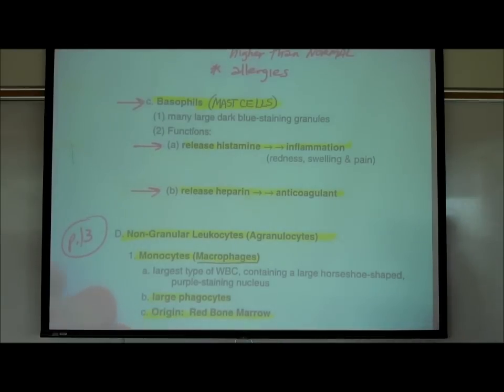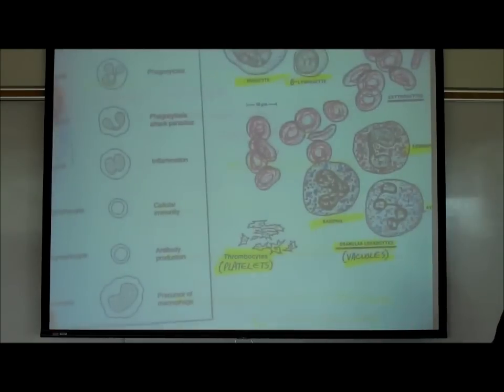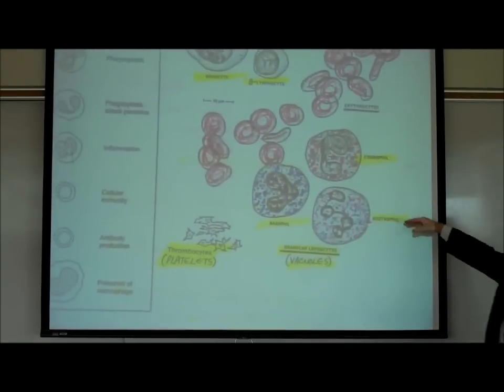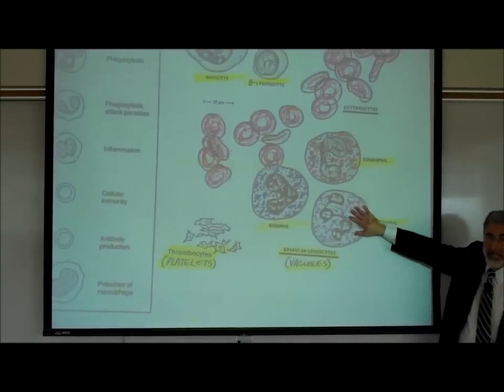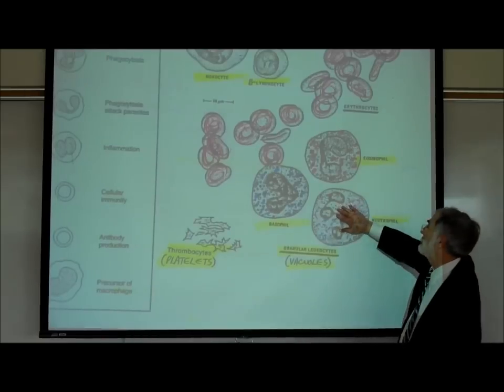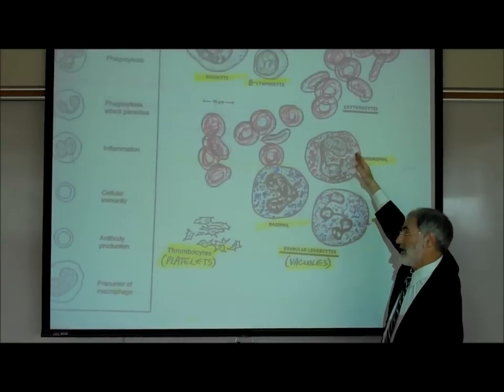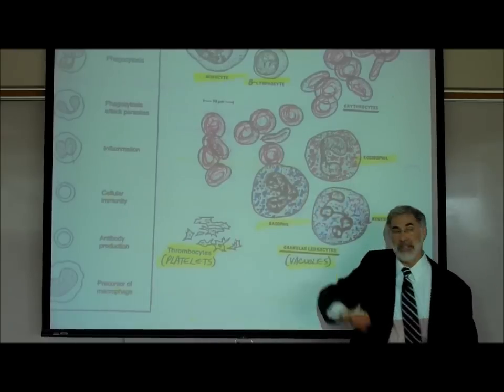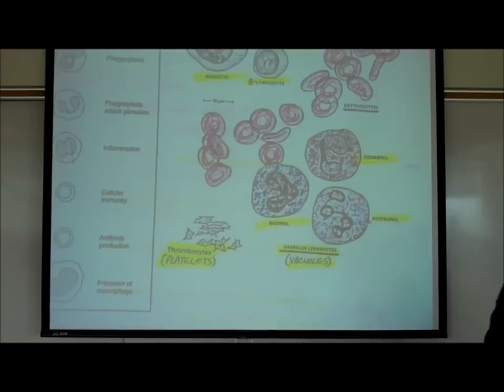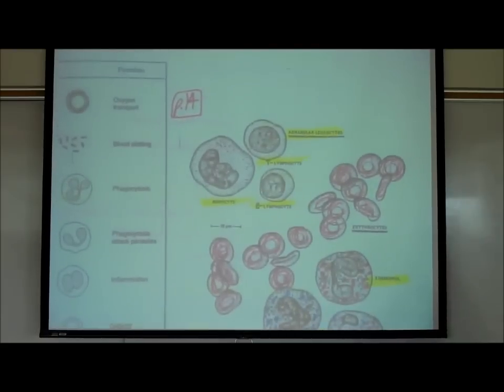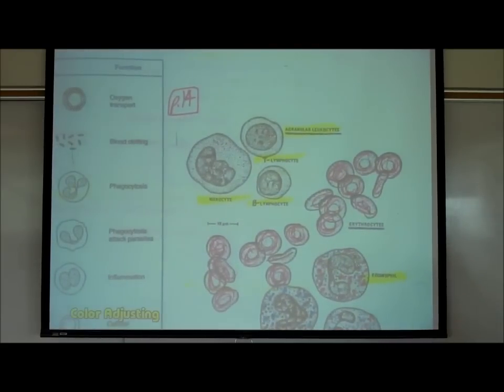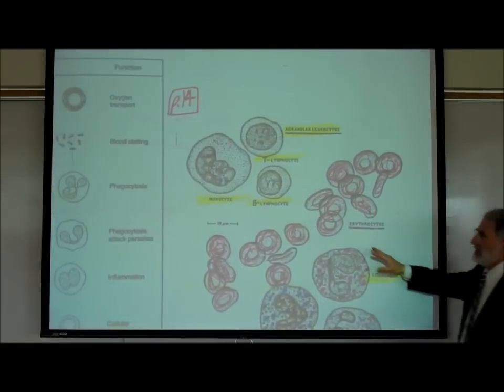All right, let's look at our picture again on page 14. We've been speaking about neutrophils, which make up 60% of all your white blood cells, and the eosinophils that swallow up allergens, and the basophils that release histamine and heparin. On the top, what about the agranular or non-granular leukocytes?